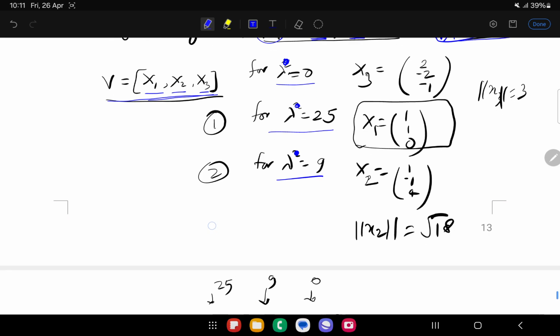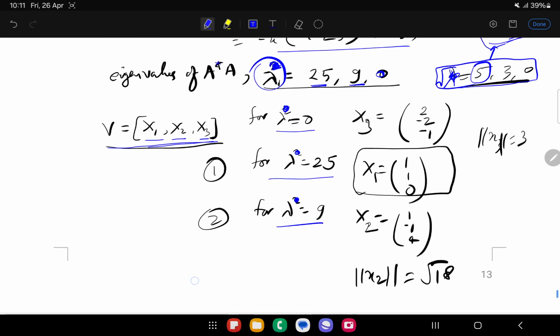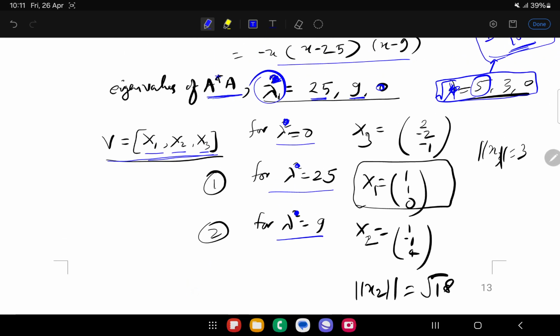Now first of all, because A is normal, check it, A is in fact self-adjoint, maybe it is self-adjoint or normal, self-adjoint will imply that these are all real eigenvalues. Okay, and they will be positive.